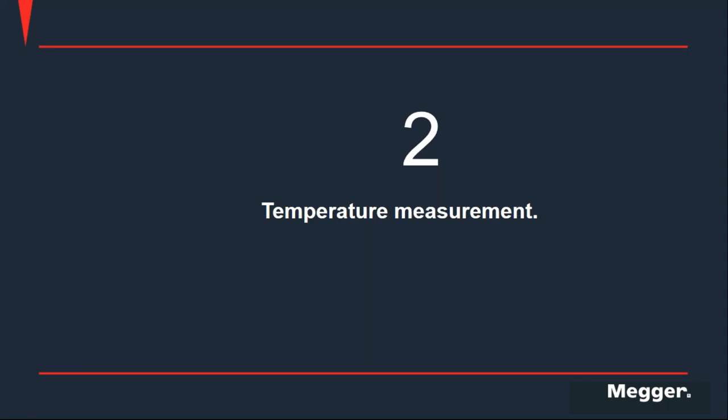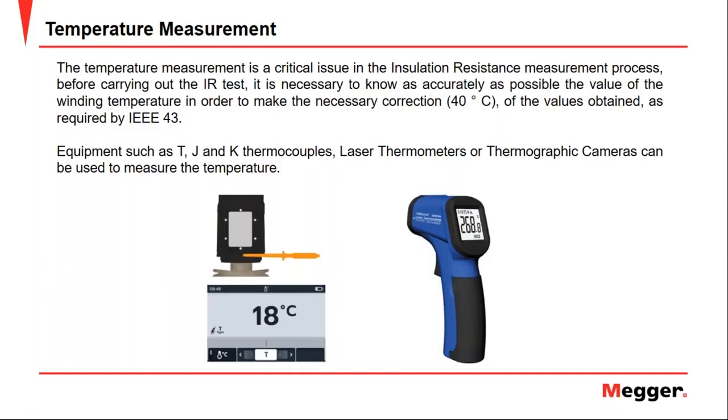Okay, now let's start by talking about temperature measurement. As we all know, and you are here because you have a predictive maintenance focus, any predictive technique is based on two fundamental aspects. First, you must have a database that provides a trend. Secondly, the measurements in that database must be made under the same condition.